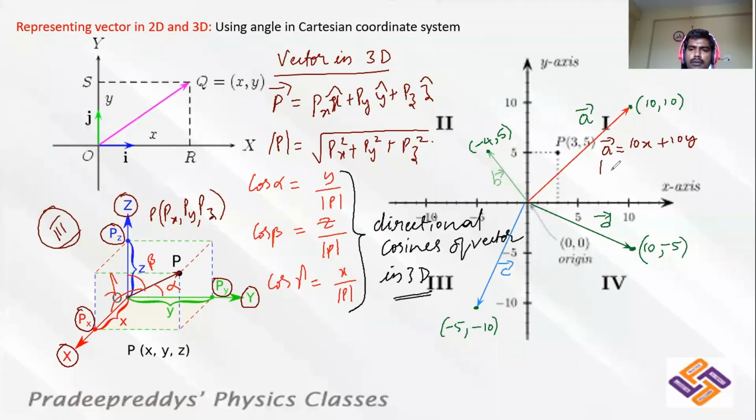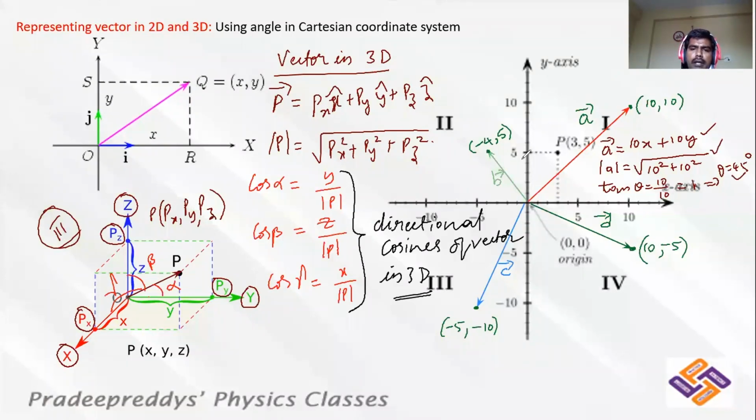What is its magnitude? The magnitude of A is equal to the square root of 10 squared plus 10 squared. And what about the angle? Tan theta is equal to 10 divided by 10, which is equal to 1, that is tan 45. Theta is equal to 45 degrees. Okay, so the vector you have represented, its magnitude you have calculated, its direction also has been found. That is vector A bar.